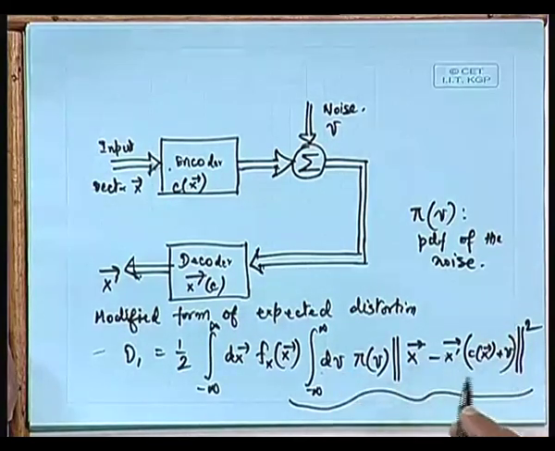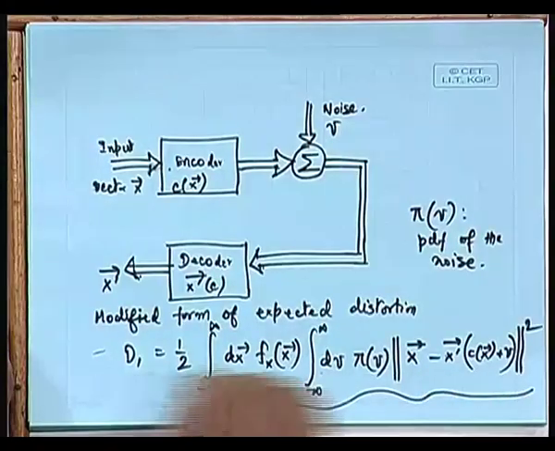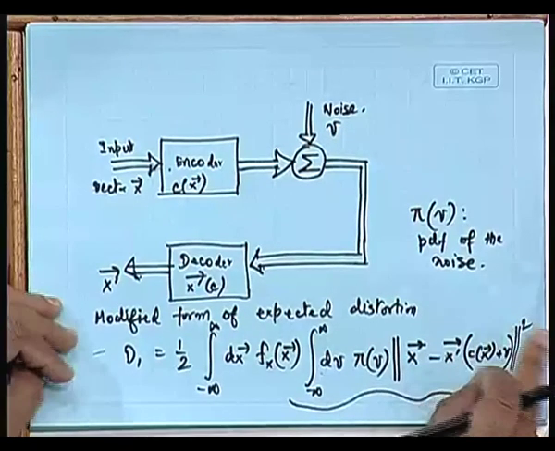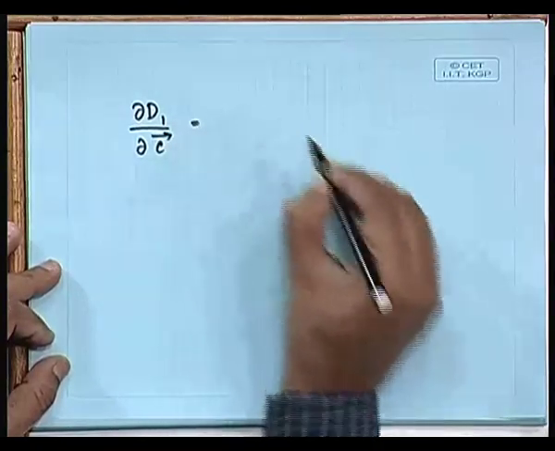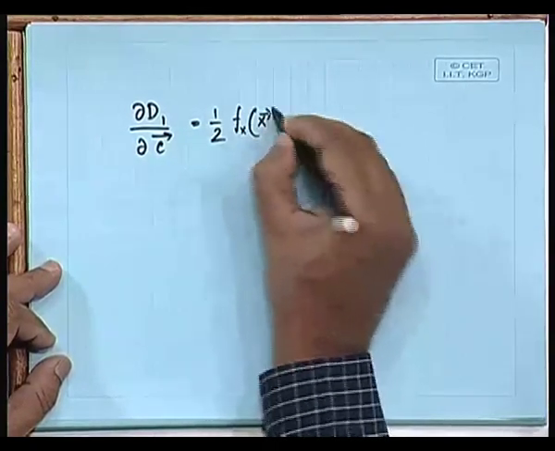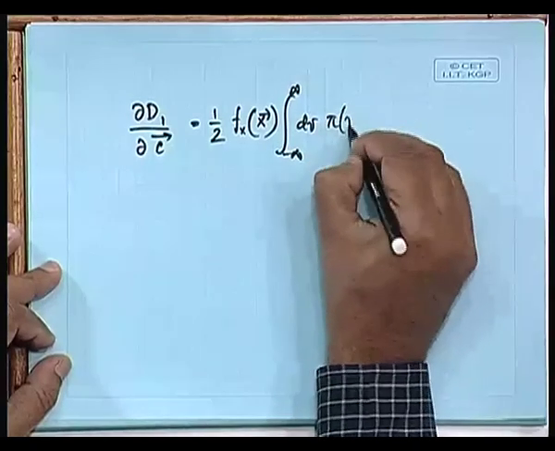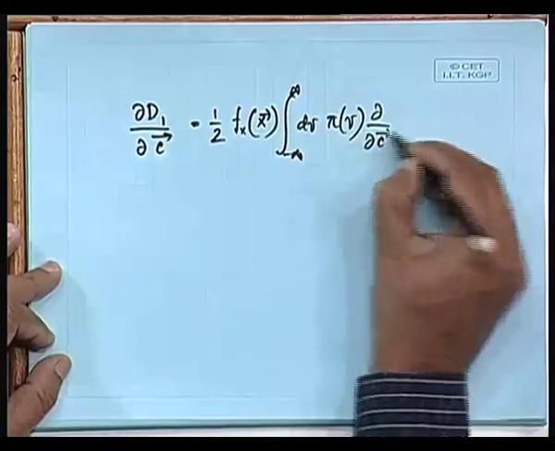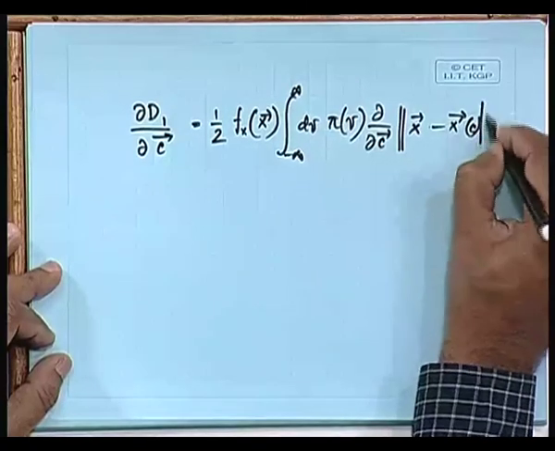Now, to find out the optimum encoder, what we have to do is to differentiate this D1 expression with respect to C. Now that we have got a term involving C, we can find the optimum encoder by computing ∂D1/∂C vector, and if you evaluate this, it works out as half of f_X(x) vector, integral from minus infinity to plus infinity dν π(ν), ∂/∂C vector of the norm of x vector minus x prime of C, whole square.